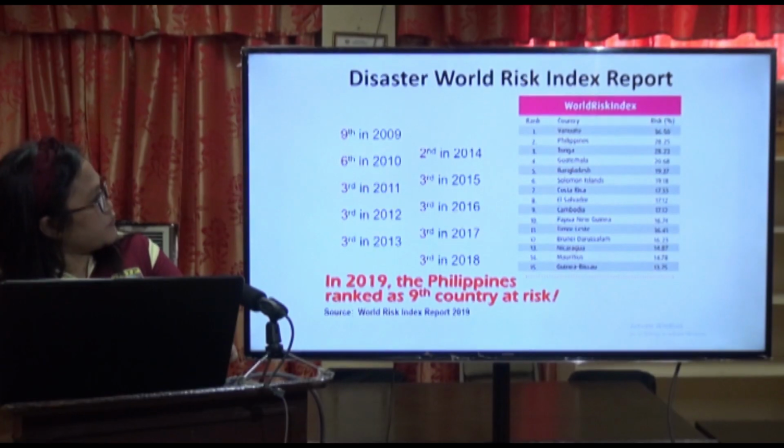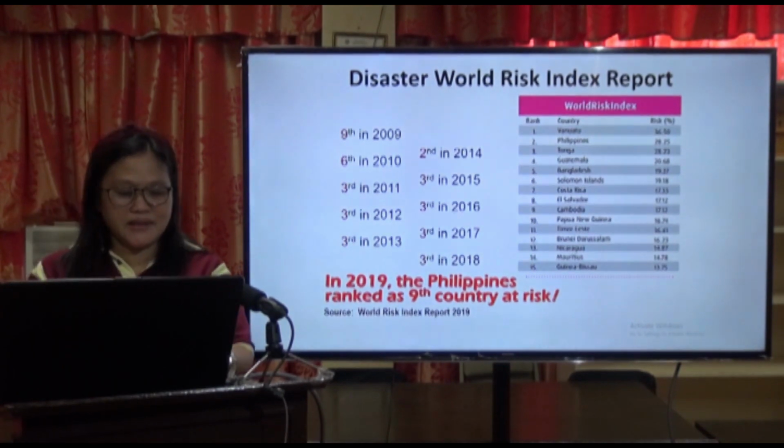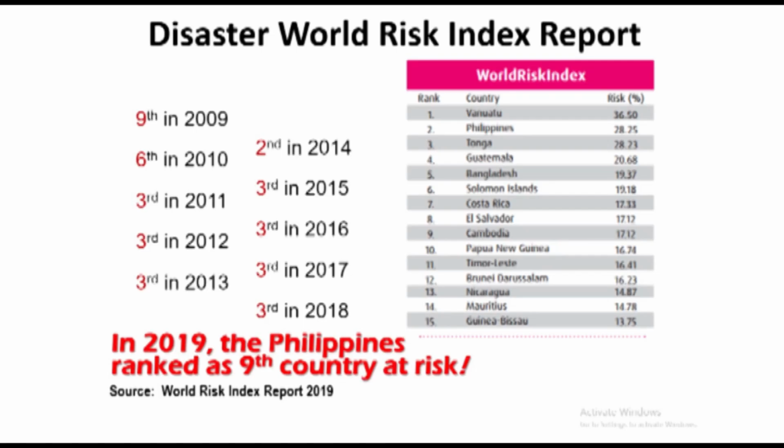For the World Risk Index Report for 2019, as we can see there in the data, from being second in 2014, third in 2015 until 2018, the Philippines improved its ranking as the riskiest country worldwide as a consequence of extreme weather events, according to the latest World Risk Index.